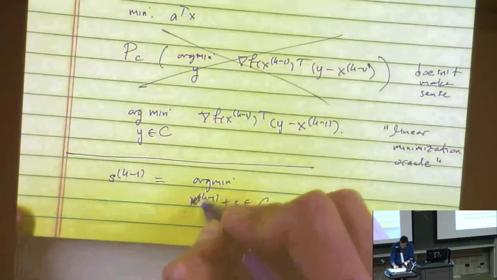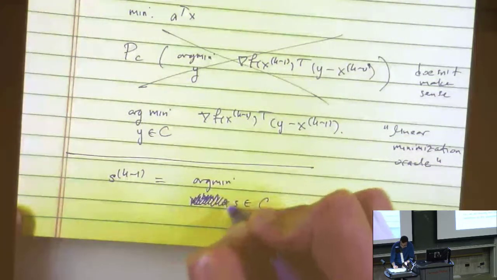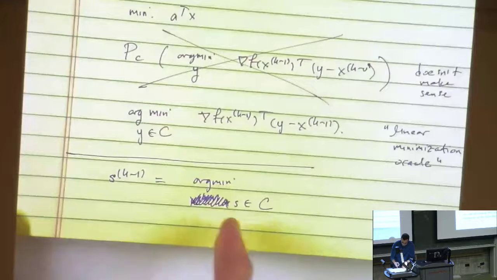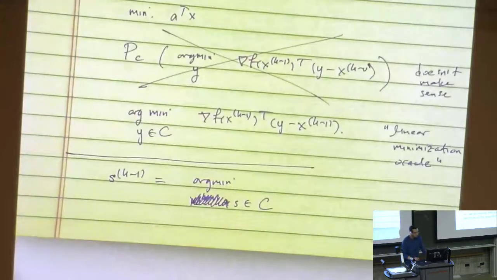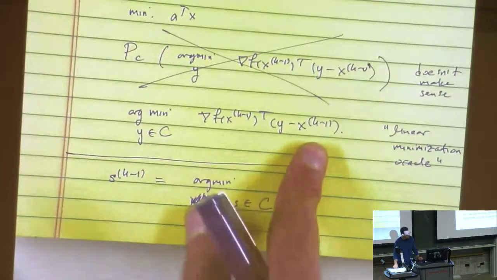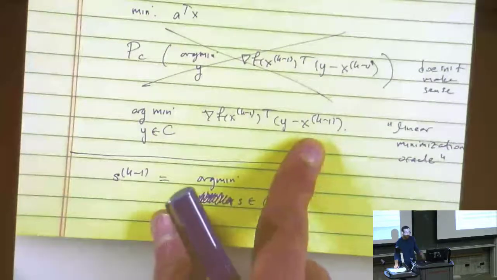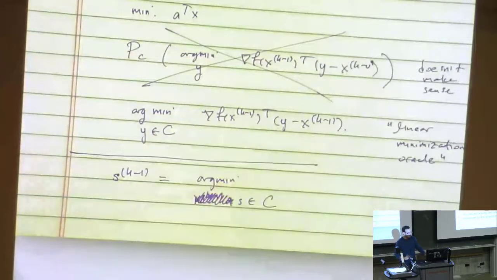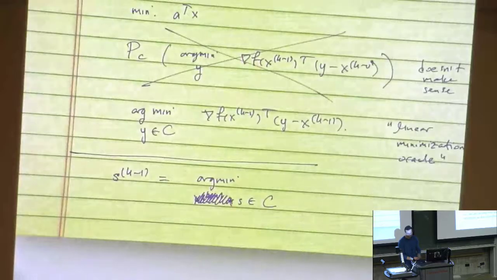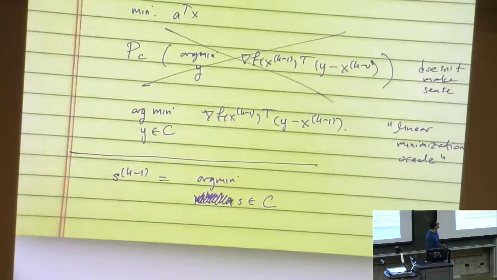Okay, I'm sorry, I just keep confusing you. If S was the update direction, that would be true, but S stands for y here. I had looked at this for a second and thought that S had to stand for y minus x, but this product, gradient of f transpose x, is a constant, so we can throw it out. And that's all I was doing in this slide. So S stands for y, and this is totally fine as written.